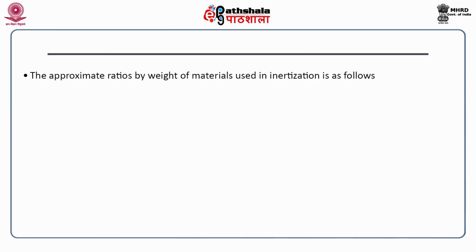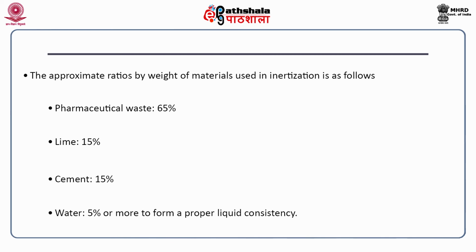The approximate ratios by weight of materials used in inertization is as follows. Pharmaceutical waste 65%, lime 15%, cement 15%, water 5% or more to form a proper liquid consistency.